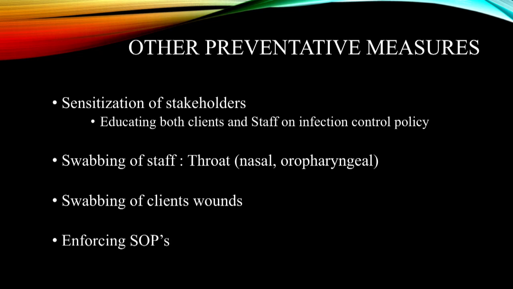Swabbing of the client's wounds, either 3-monthly or half-yearly, or as the case may determine, and keeping proper surveillance of the results that the wound swabs would have returned. Developing policies within the health center that will enforce standards of performance as it relates to asepsis and aseptic techniques.